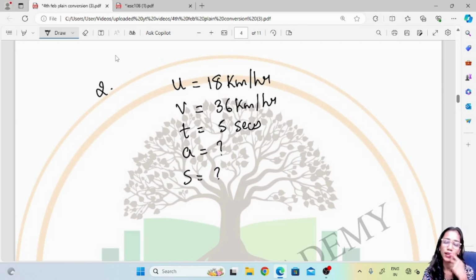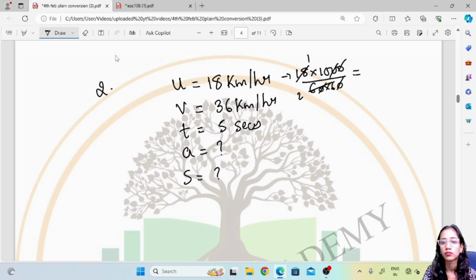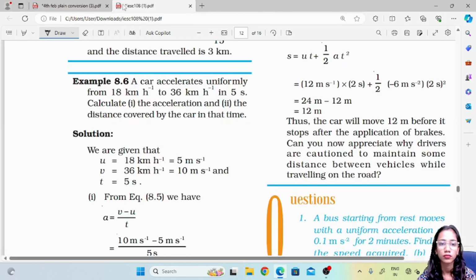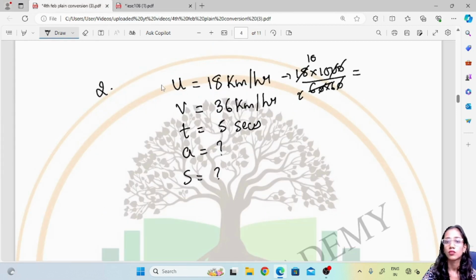Now the next step will be conversion. So this will be 18 into 1000 upon 60 into 60, or 3600. So 2 fives are 5 meter per second.